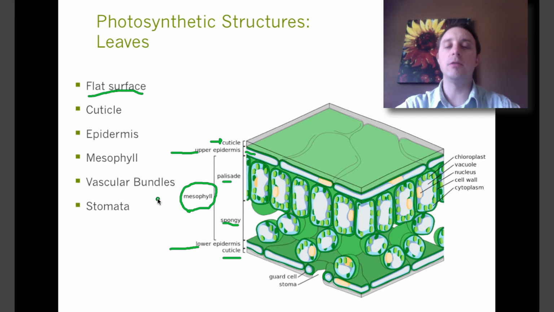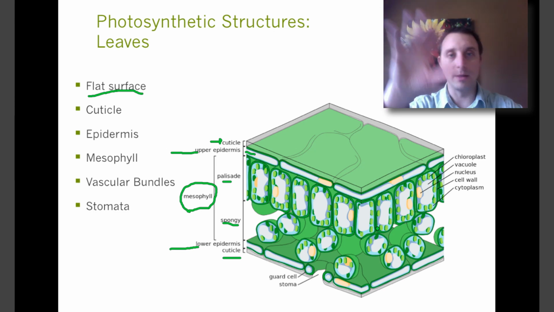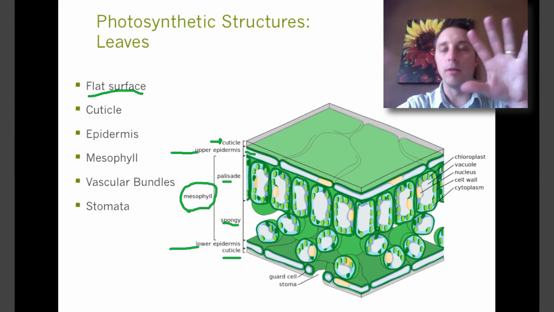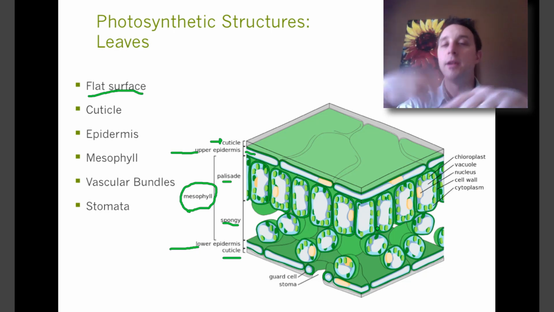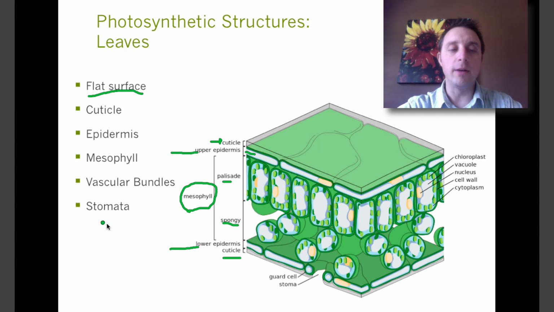Vascular bundles are not shown in this diagram very well, but those are the veins that run through the leaf. If you hold a leaf up to the light, you can see the network of veins in there. They are there to transport materials all around the plant. And finally, usually on the very bottom, there are these openings called stomata. The singular form is stoma.